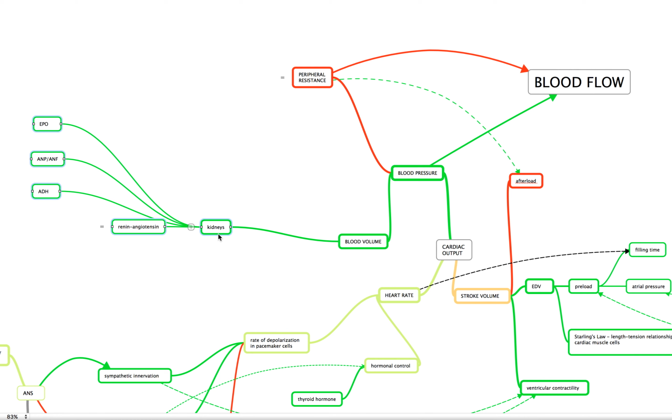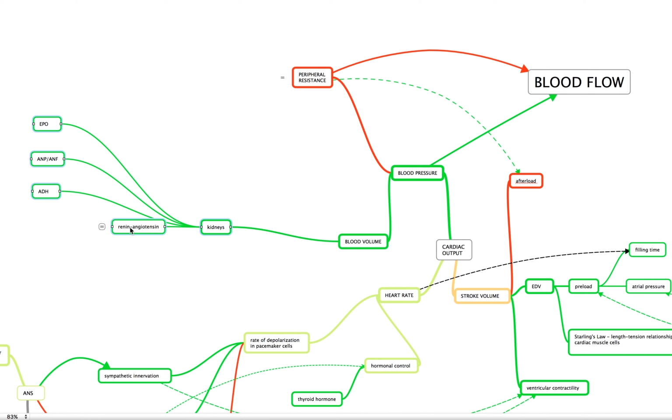So, of course, that would decrease your blood volume and therefore your blood pressure. And then the other one that we've already learned is ADH, and ADH comes from the posterior pituitary, and it's an antidiuretic hormone, so it causes water retention or conservation at the kidney.